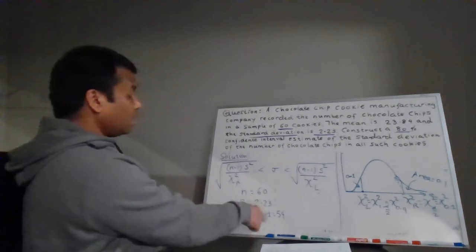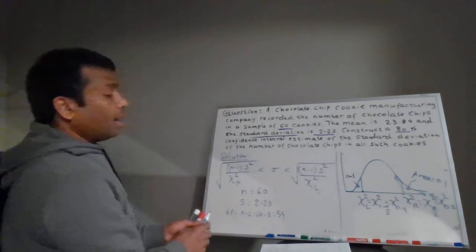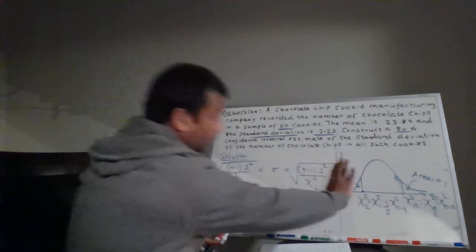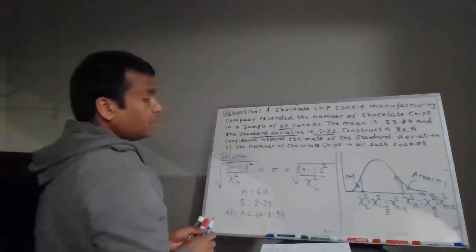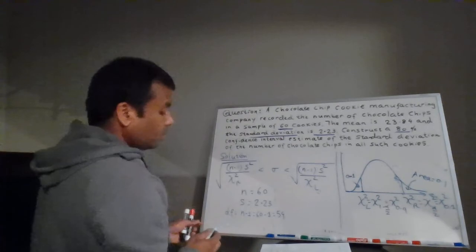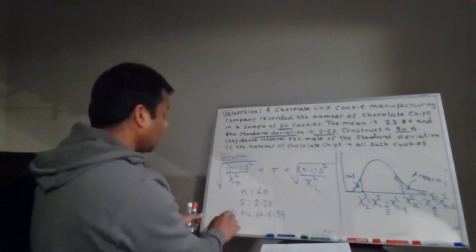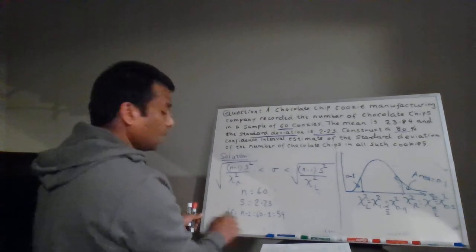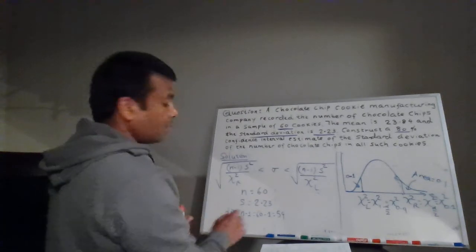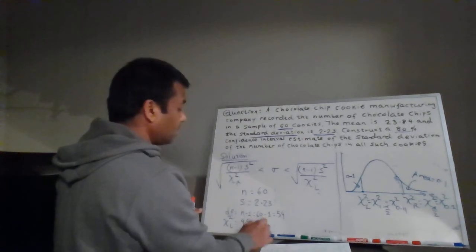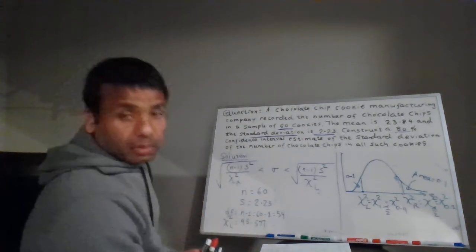With this degree of freedom and the area to the right, you can find this chi-square L, whose value is 45.577. We got this value from the table.